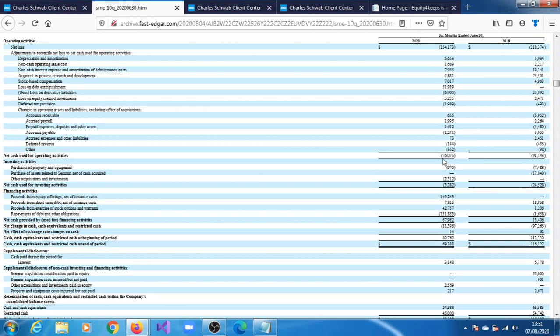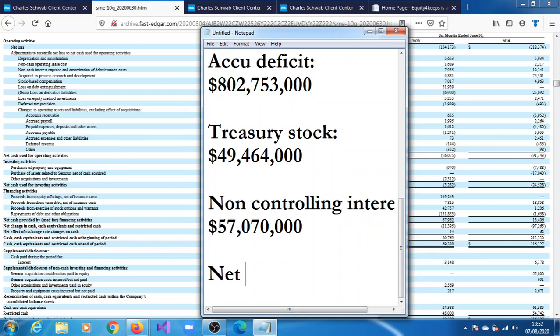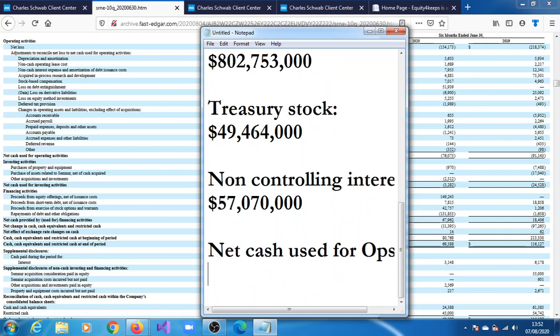And then net cash used for operating activities is 76 million and 75,000. So it's a loss. Sorry, they spent more than they actually earned.